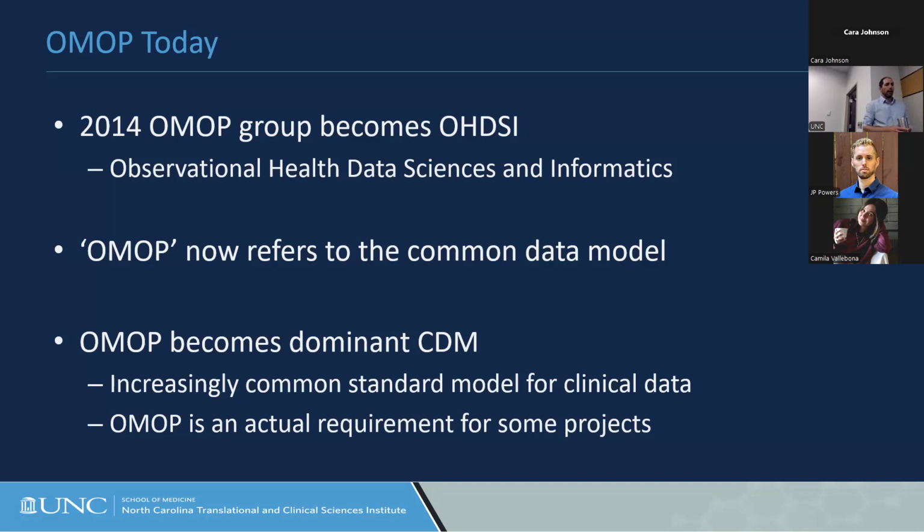The other thing that has happened between 2013, 2014, and today is that, saying that there's a common data model war is probably too strong of a statement, but there is some amount of activity between things like CORENET, the Patient-Centered Outcomes Research Group Common Data Model, which, as far as I know, is both governed and developed by PCORI or groups within PCORI, and OMOP.